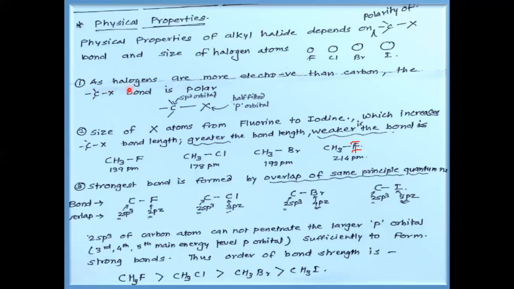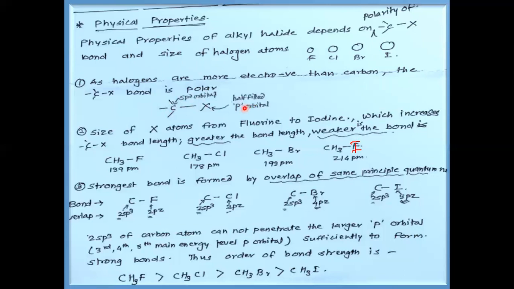So it is polar in nature. As we see in the formation of the C-X bond, this carbon with all single bonds is sp3 hybridized carbon, and the halogen participates in bond formation with the electron in its p orbital.